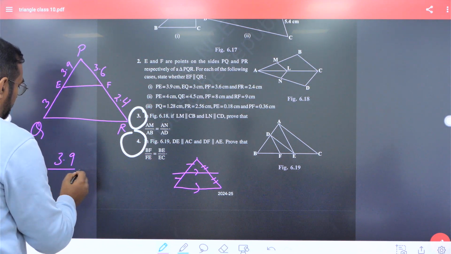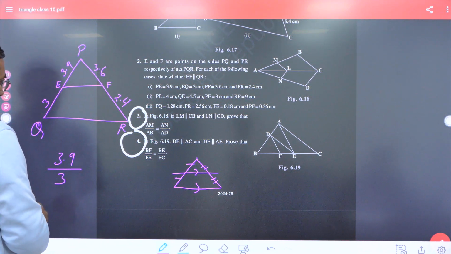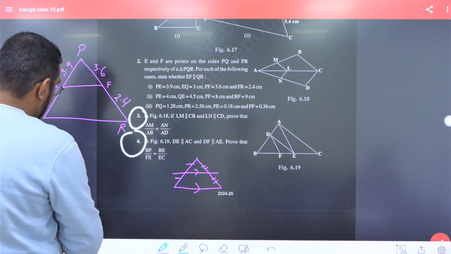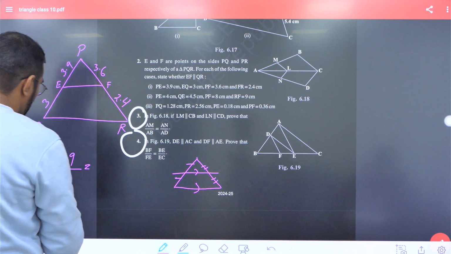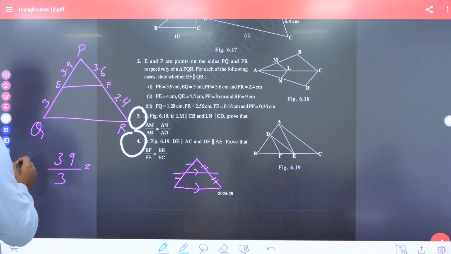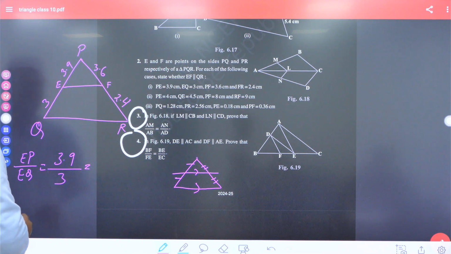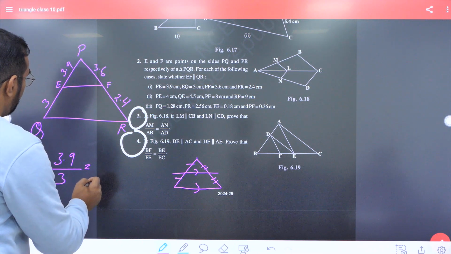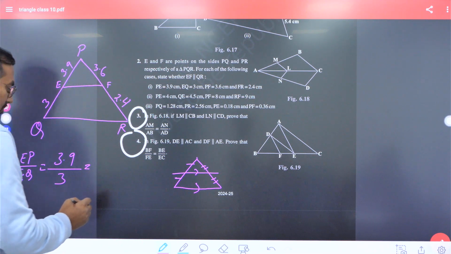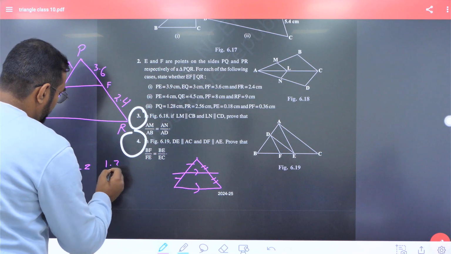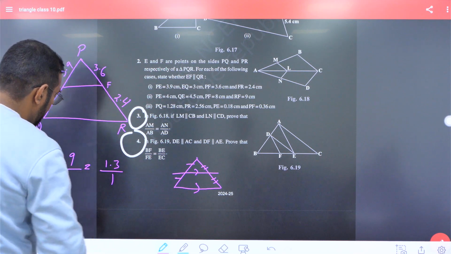3.9 upon 3. By simplifying it, EP upon EQ is equal to 3.9 upon 3. That will be equal to 1.3 upon 1, right?